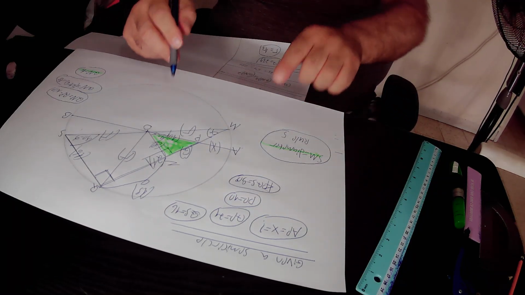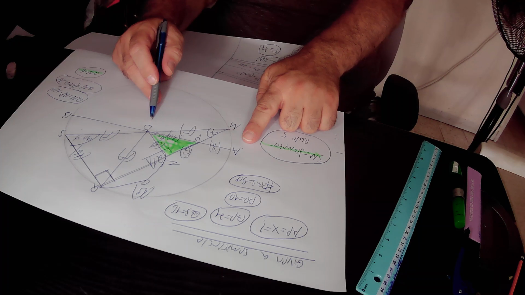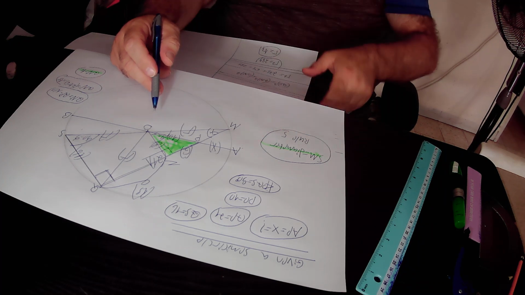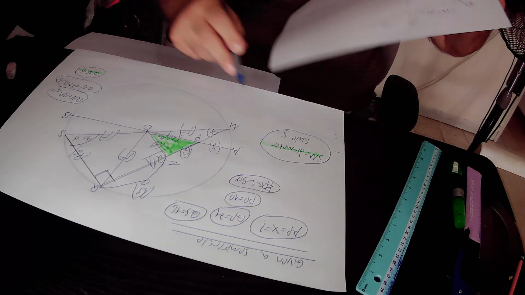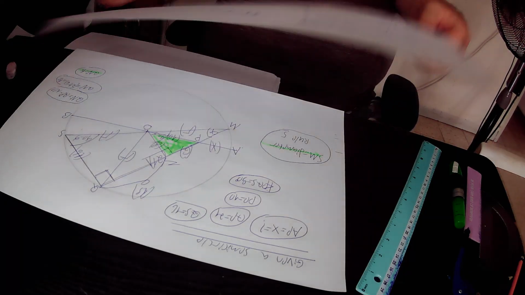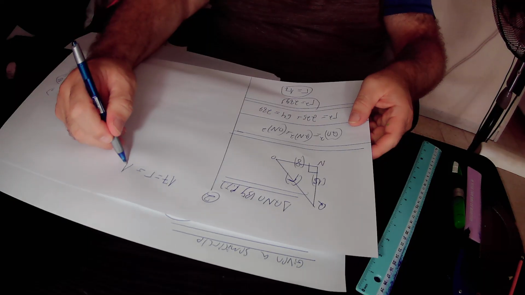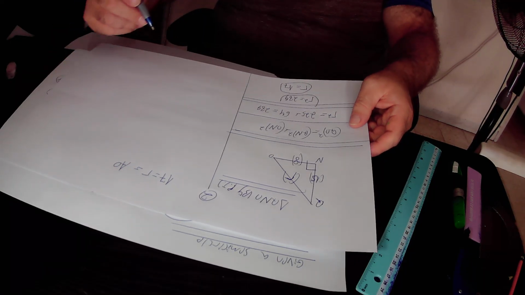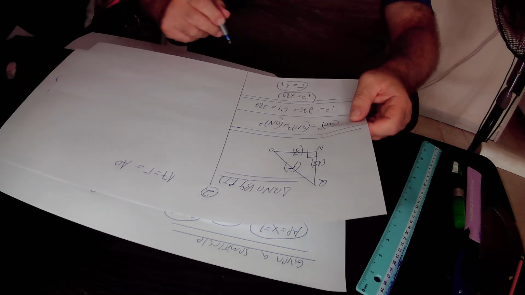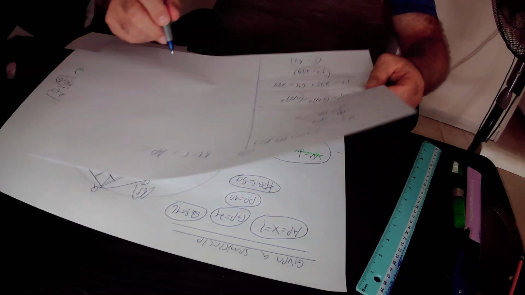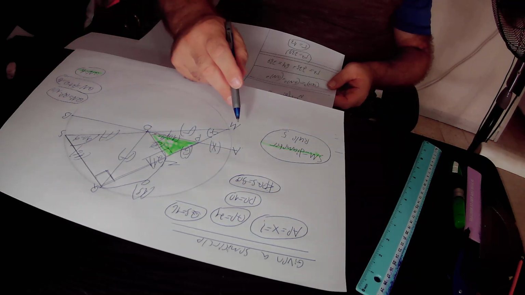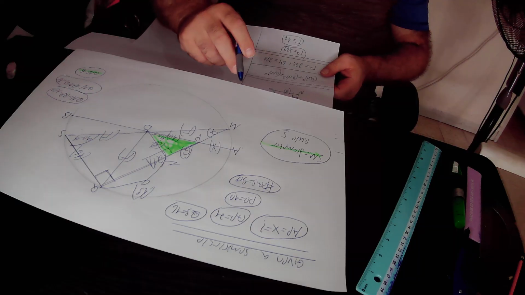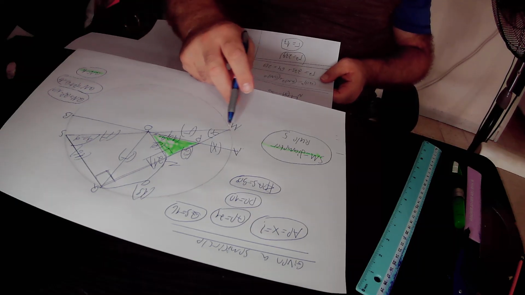We know that OA is also a radius of this circle, equal to R according to our definition. From one side, OA equals the radius of the circle, that is R. But from the other side, AO also equals AP plus PO.